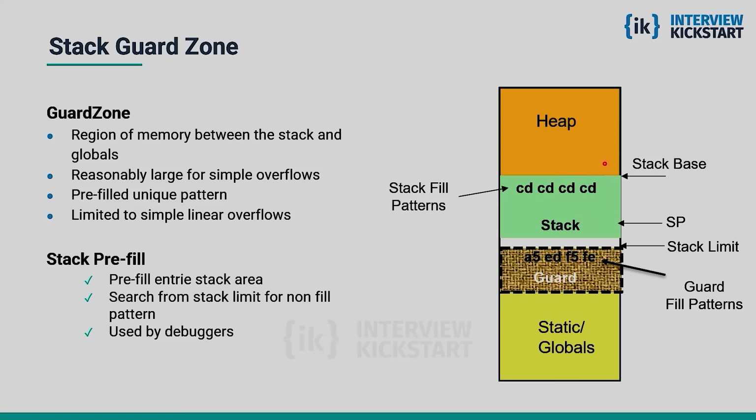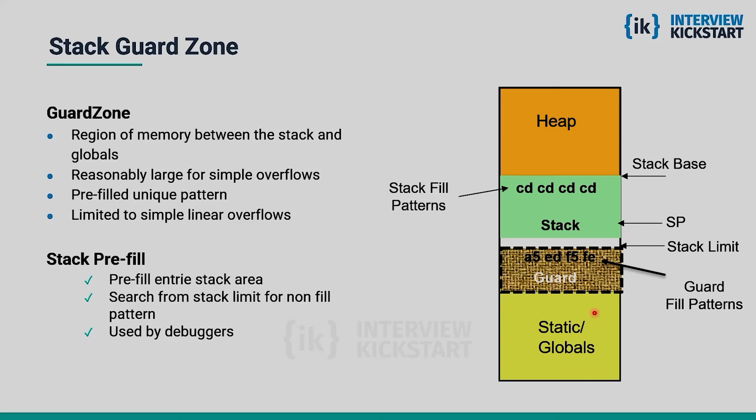The idea is that after execution, you can check how many of those CD locations are still having CD, which means we have overestimated the stack, and the entire stack is not used, and therefore one can look for the CD patterns and then decrease the stack allocation by that much.